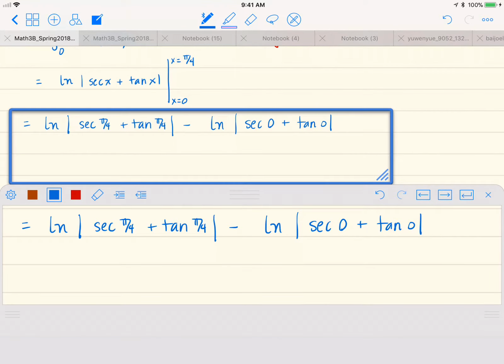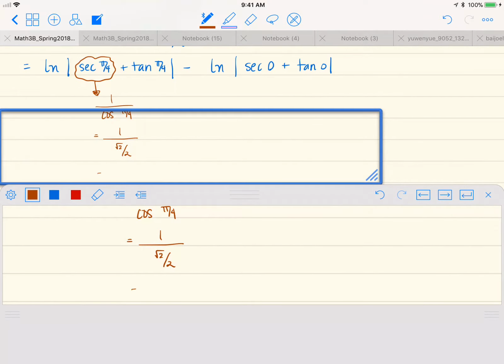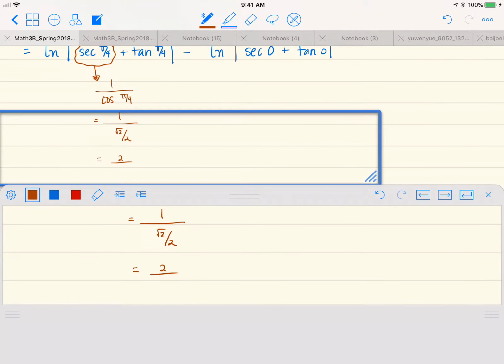Okay, and so now I'm just going to figure everything out. Secant of pi over 4, that's the same thing as 1 over cosine of pi over 4. And cosine of pi over 4 is root 2 over 2. So this will be 2 over root 2.